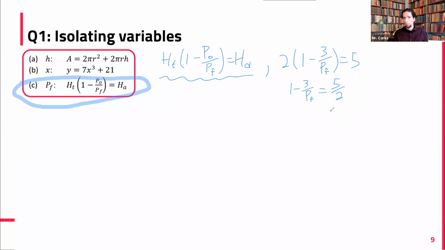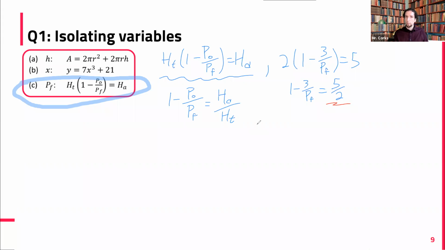Professor, can I ask a question? Sure. Couldn't we just do expanding on the first step? You could. I don't think that's necessary. It seems easier to just do this, and then we have our HT. Let's write this over here: 1 minus P naught over PF equals HA over HT.